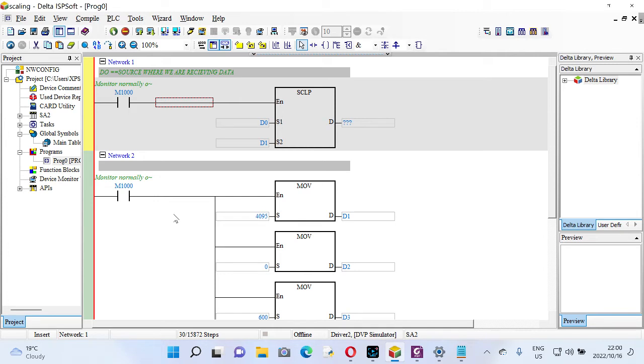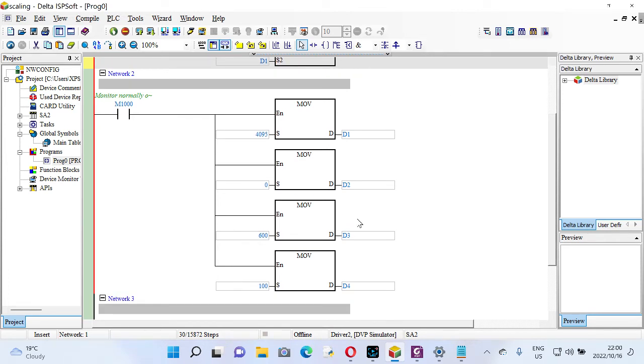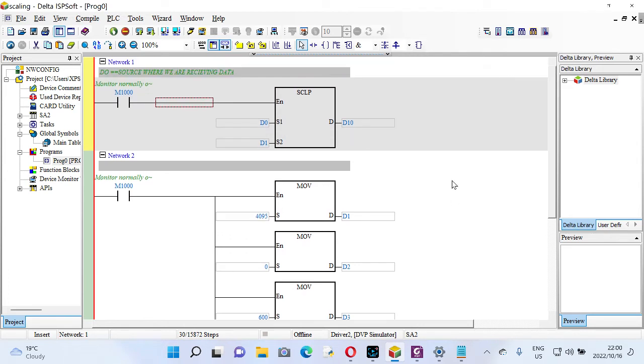So our operator is going to see the information in D10. This is just a register of my choice. You can put anything that you want, or instead of D4 you can put D5. It doesn't matter, both are 16-bit, nothing will overlap. So I'm done here with setting the scaling function.